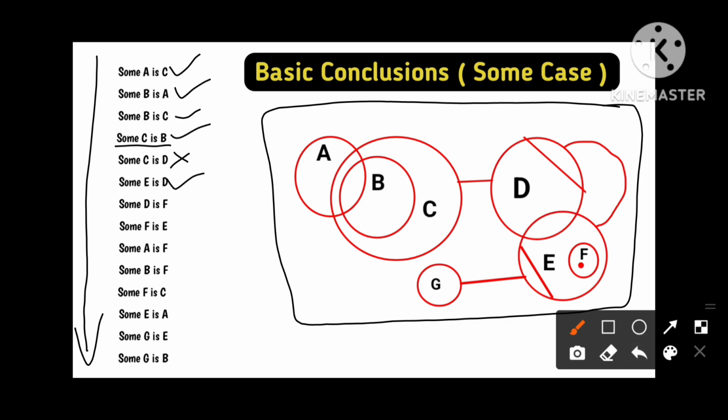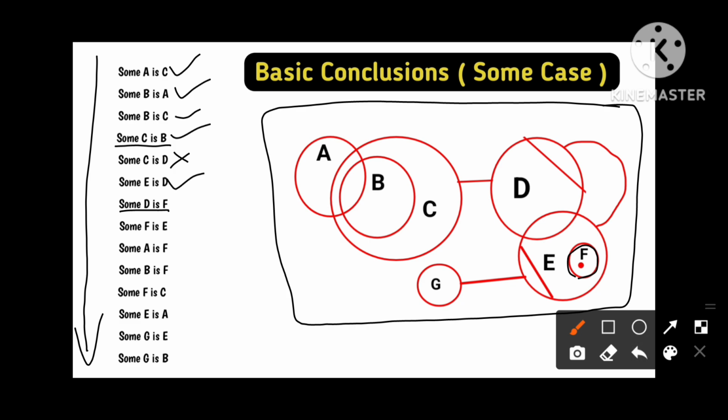Next conclusion, some part of D is sharing with F. Here in our Venn diagram we represent that F has a dot. The dot means F doesn't share with anything except E. Our conclusion says that F is sharing with D, but F only shares with E. So this conclusion will be false.